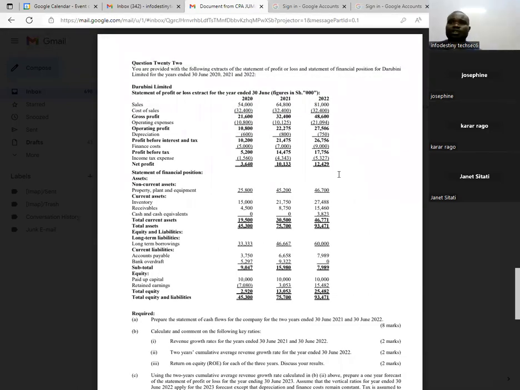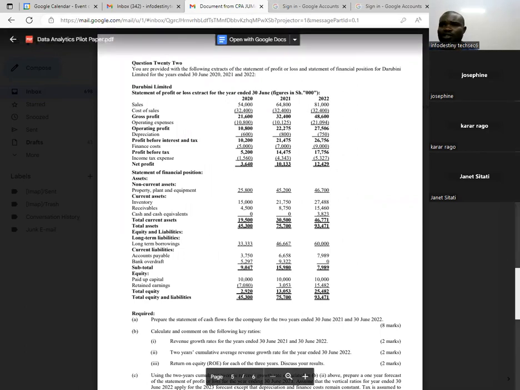The question says that you are provided with the following extracts of the statement of profit or loss and the statement of financial position for Darubini Limited for the year ended 30th June 2020, 2021, and we have all the way to 2022. Fine.